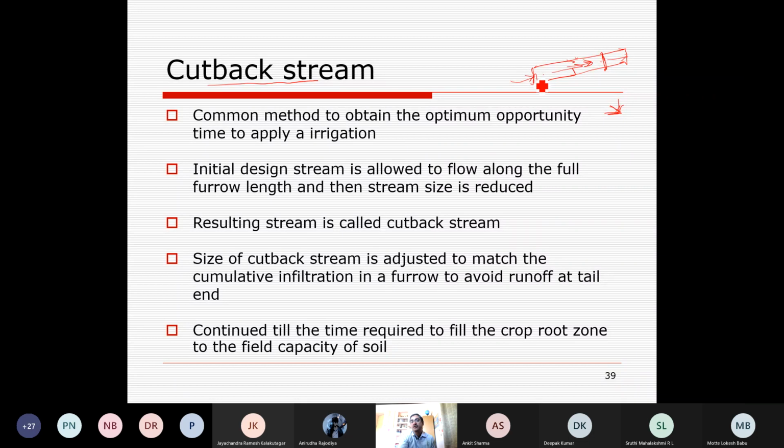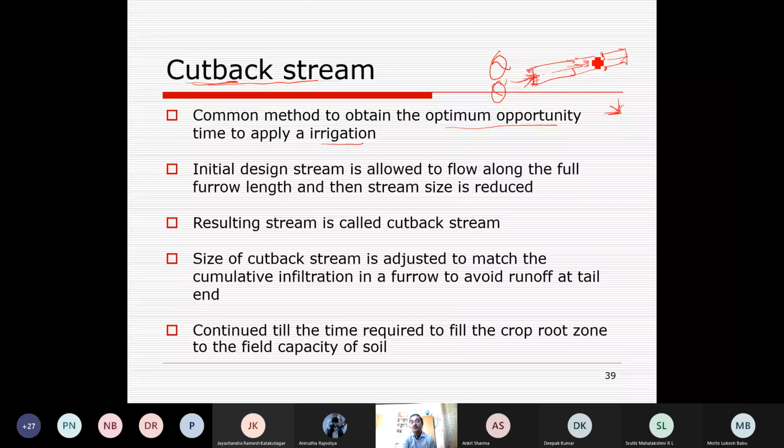So it is called the cutback. It could be either stopping the supply or reducing it in amount. Initially, suppose it was applied at Q rate, now it is reduced to Q dash, that is less than the initial Q. That is called the cutback stream. So it is a common method to obtain the optimum opportunity time to apply the irrigation.